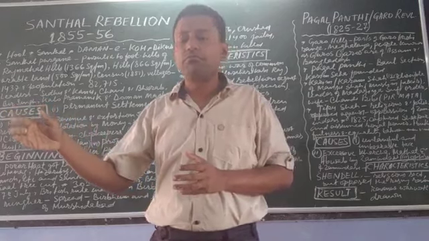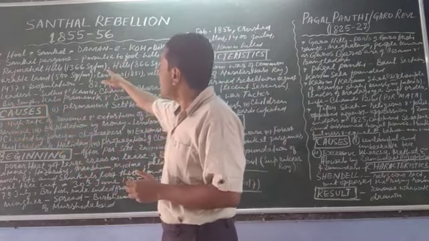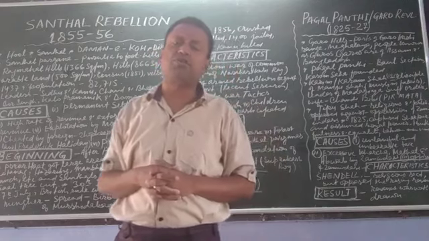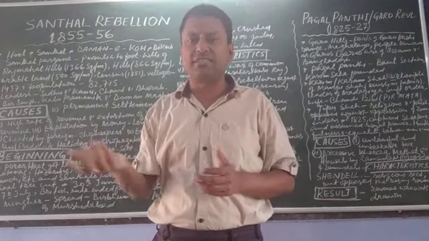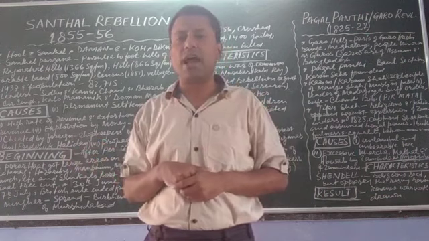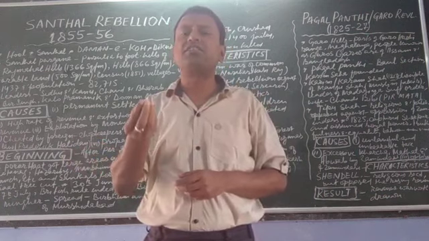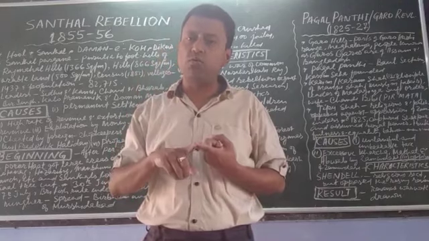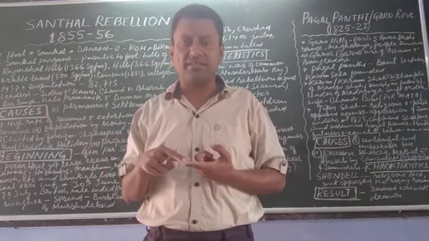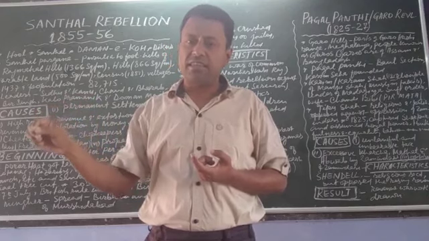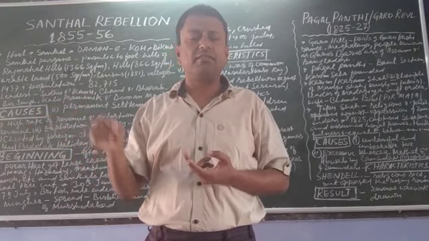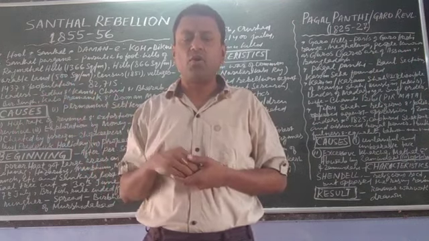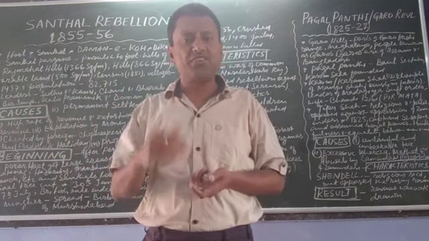Later, we see what kind of misfortune came. See, I have used a term, Dikus. In my previous class, I also discussed Dikus. Dikus were the outsiders. A question may be asked, who were Dikus? The answer for 1 mark is, Dikus were the outsiders. They were zamindars, contractors, and money lenders who used to oppress the tribal people.